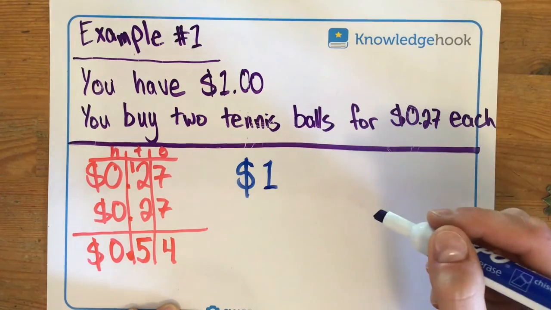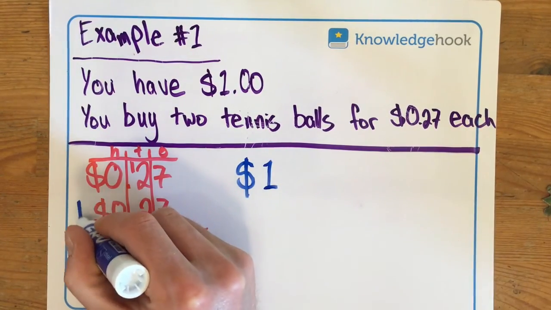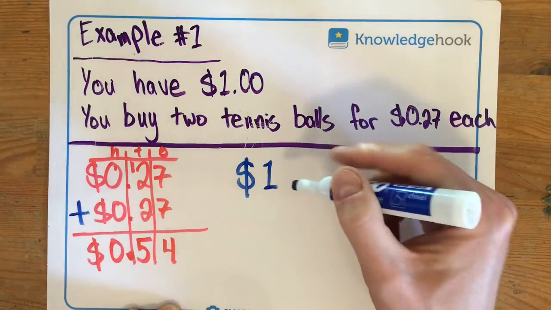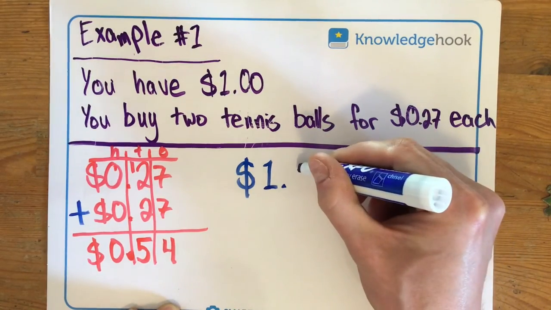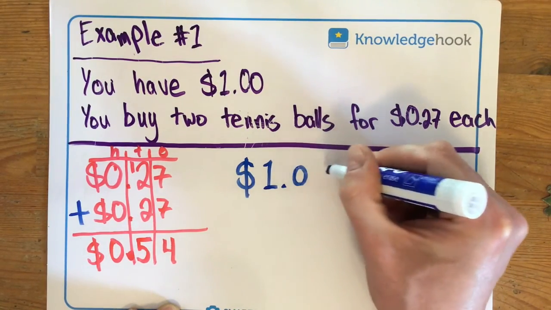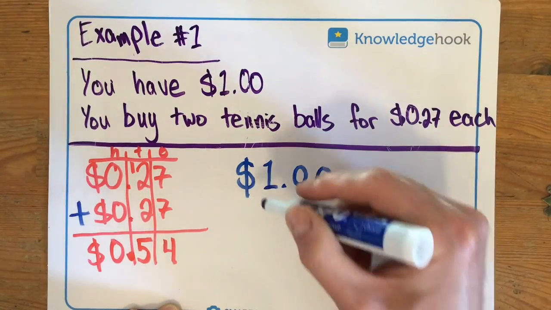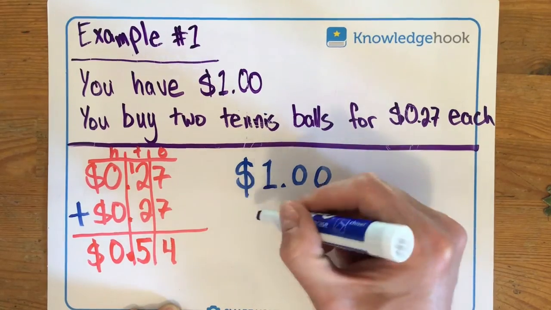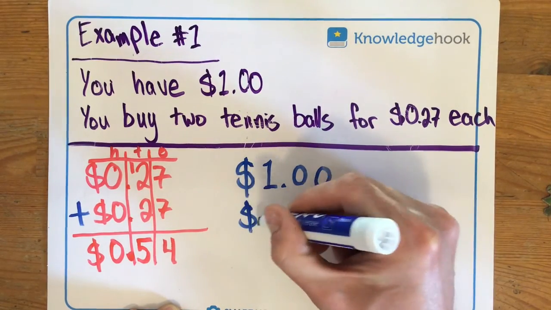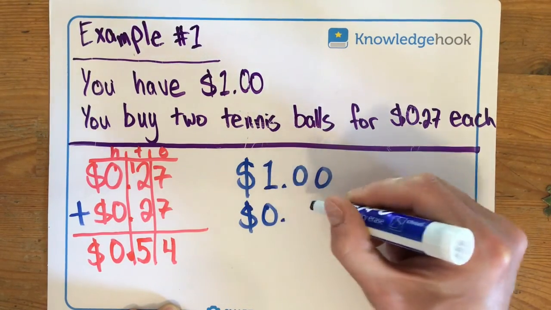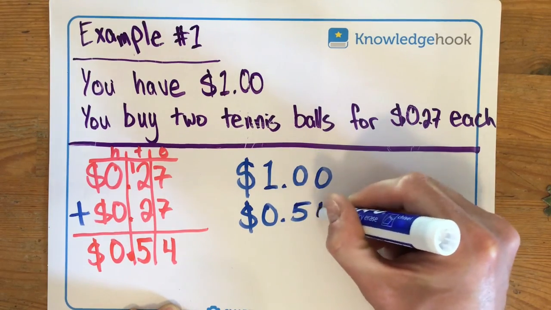And this time we're going to subtract. Ooh, I should have remembered to put an addition symbol there. And we'll remember that we're subtracting over here. $1 and 0 cents. It's important to remember to mark those in there as well. We're going to be subtracting this time 54.